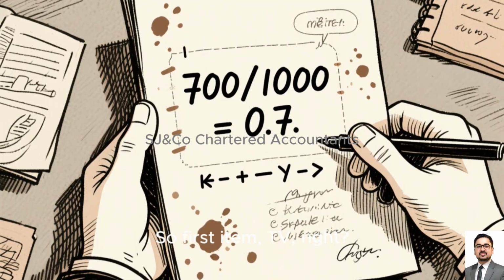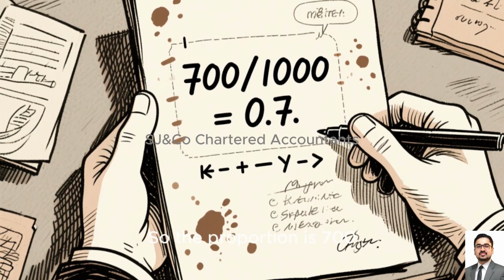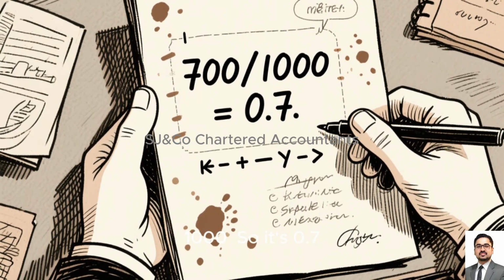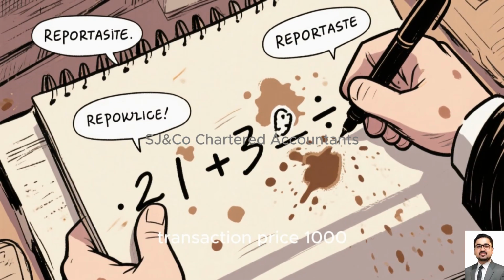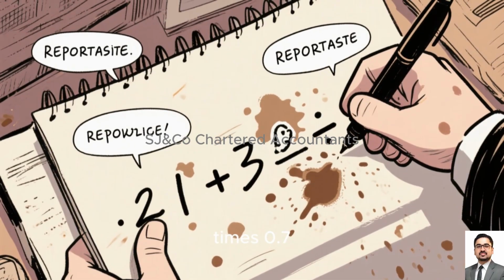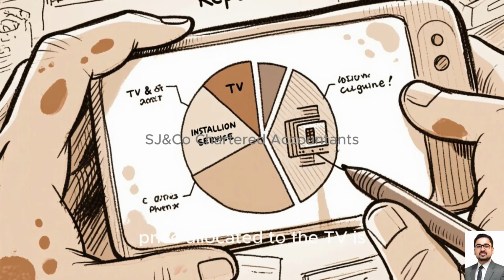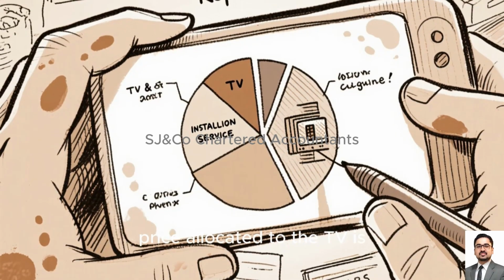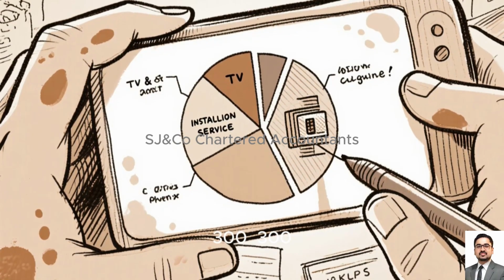So first item, TV, right? The proportion is 700 per 1,000. So it's 0.7, so we multiply the transaction price 1,000 times 0.7, that's 700. So the portion of the transaction price allocated to the TV is 700. Installation service, 300.